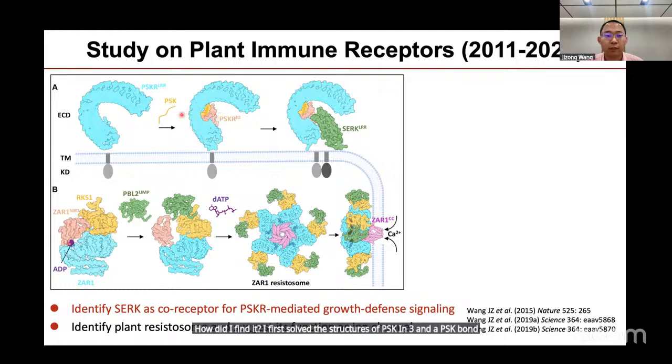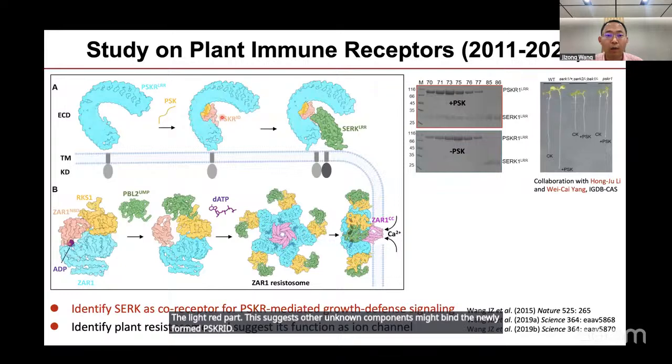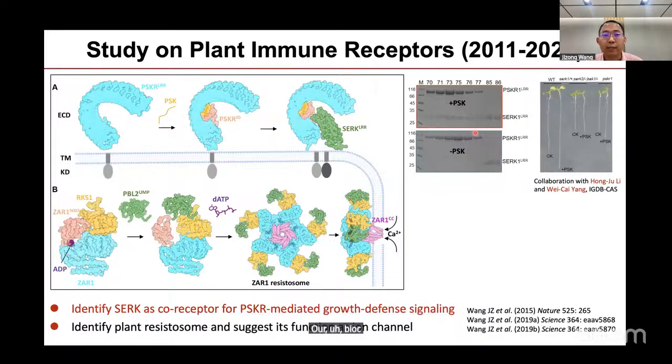Then we found PSK binding induces the formation of a small island domain called PSKR-ID, the light red part. This suggests other unknown components might bind the newly formed PSKR-ID. Then our biochemical, genetic, and structural data all support that SERK members function as co-receptors of the PSK signal transduction.